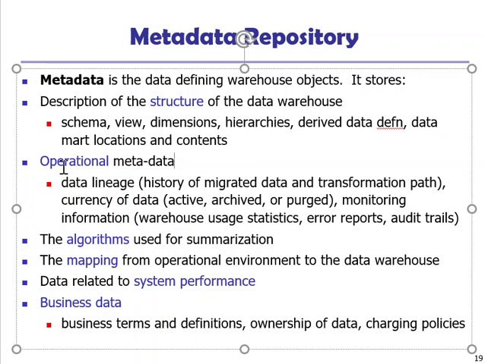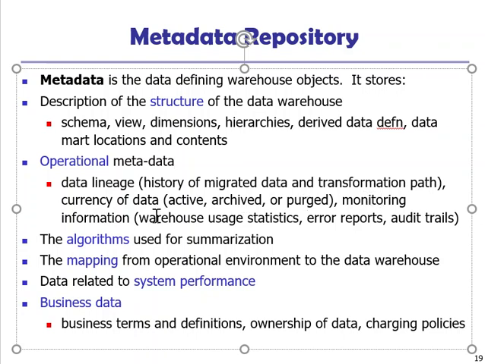contains. And also, the metadata repository contains operational metadata, which contains data lineage, the history of migrated data, and transformation paths: from the source data, how do we get to this current data? Currency of the data, the status: active, archived, purged.